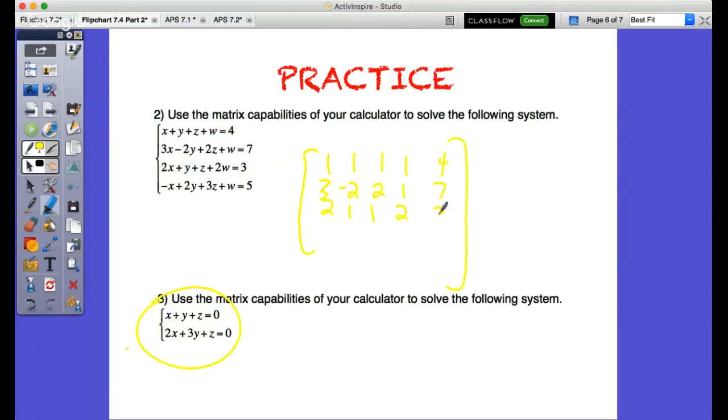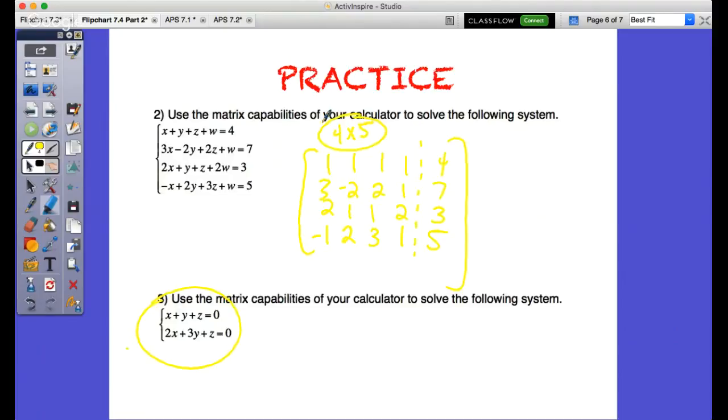So this allows us to solve a lot of systems of equations. Remember, these are the solutions. If you don't have one, make sure you fill it in with a 0. And then we can say that this is a 4 by 5, put it in there, REF, put in for A, and then it will simplify what X, Y, Z, and W is.